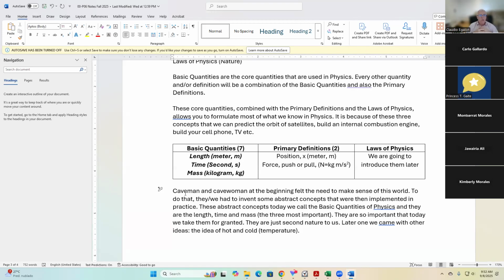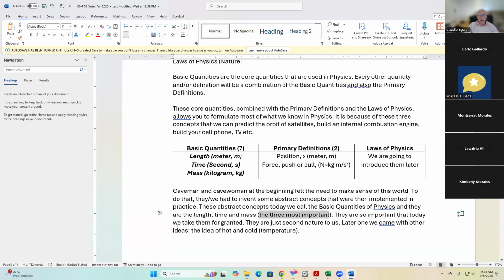And those abstract concepts are length, time, mass, position, and force is a concept that came later on. These abstract concepts today we call basic quantities of physics. They are the length, time, and mass, the three most important ones.